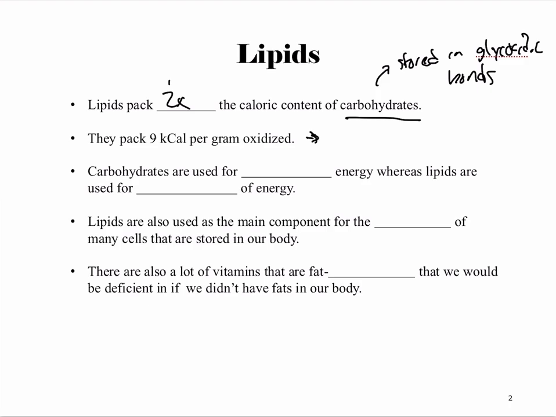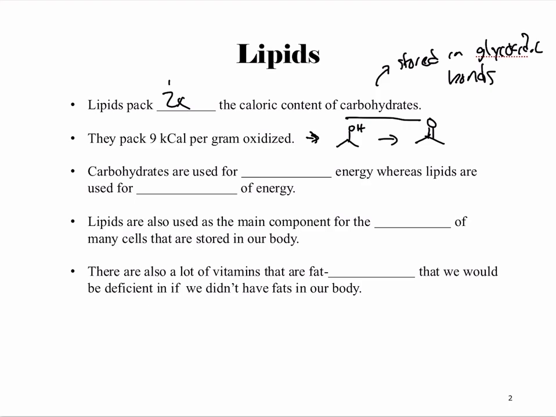So if we have something like an ester bond, and we'll go through the structure of lipids in a little bit, for example, if we had an alcohol, then we get oxidized by adding a carbon-oxygen bond and losing a carbon-hydrogen bond.